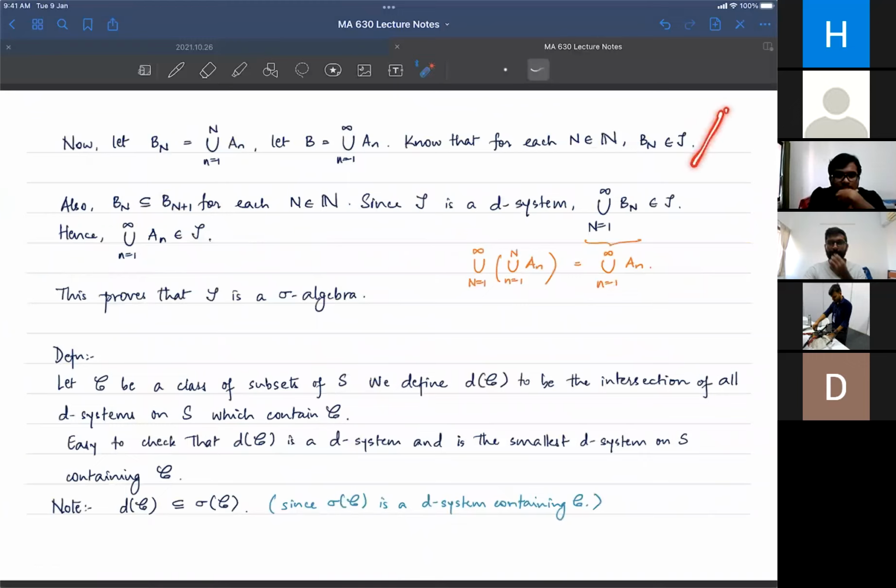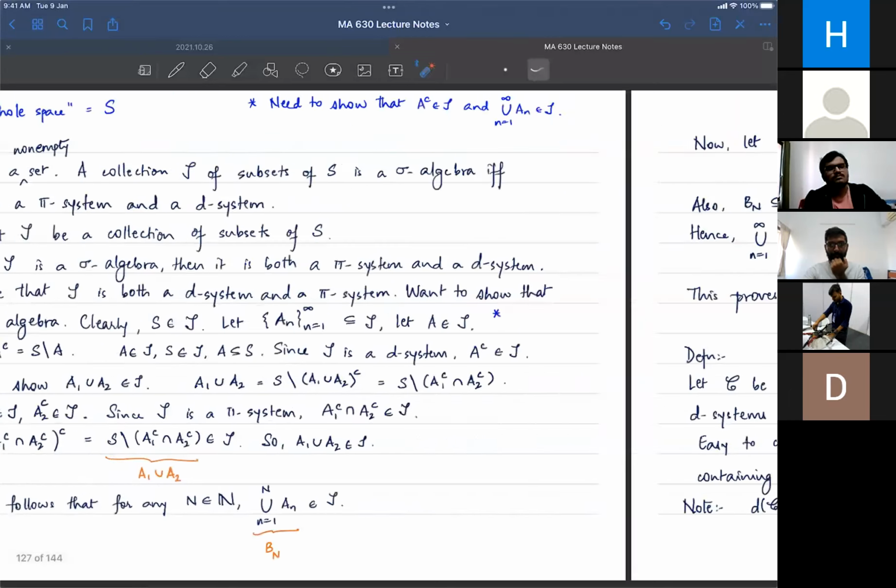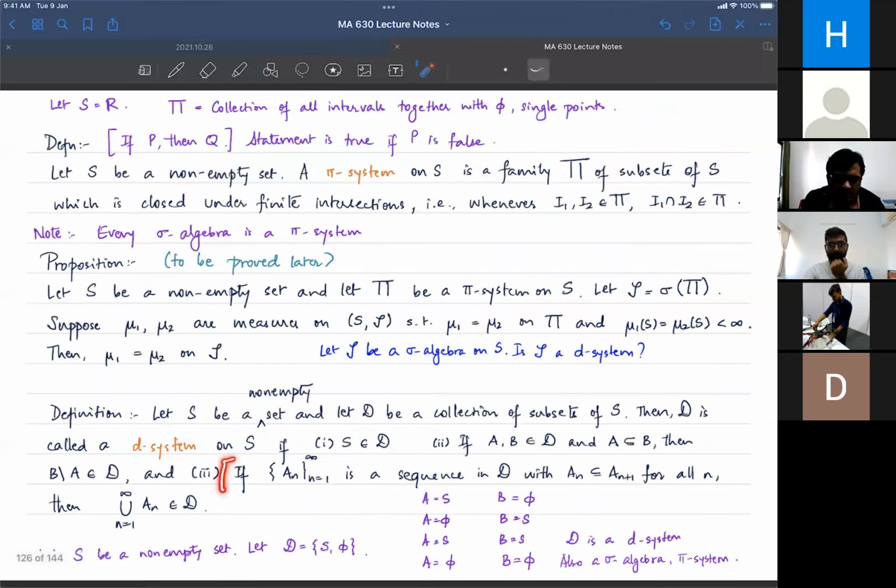Any questions so far up to here? This is true because we have shown that S is closed under finite unions. Now we're trying to graduate from there to countably infinite unions. So now we'll use this third property of the D system about being closed under countable unions of the increasing family.